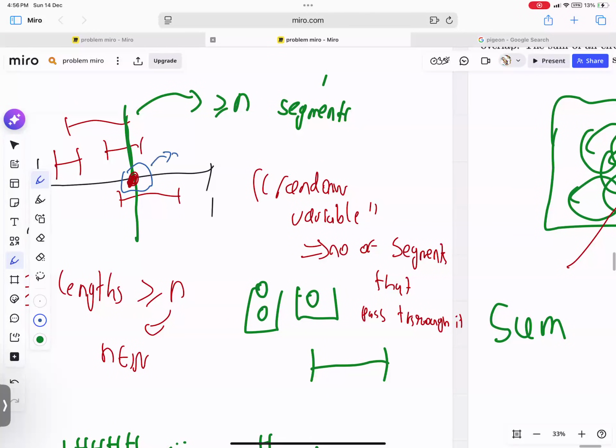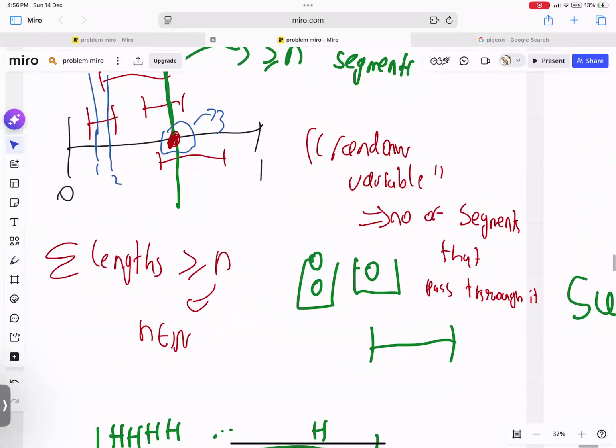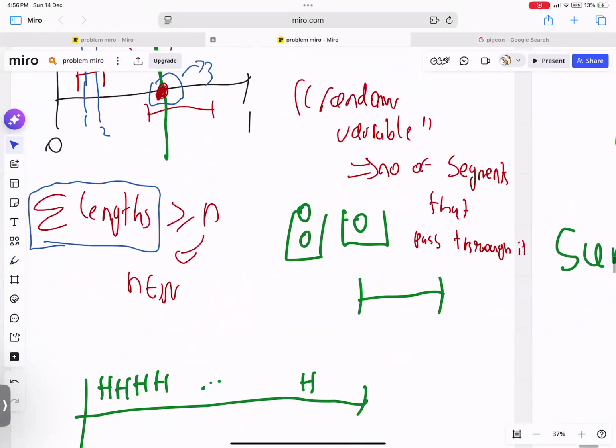The only way to actually formalize this comes back down to integration. So in this case it would be 3, in this case it would be 1, and so on. Because the sum of lengths is at least n, the expected value of this random variable is at least n. And because it's at least n, there has to be some point which is on at least n segments.